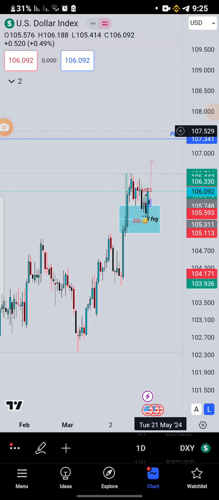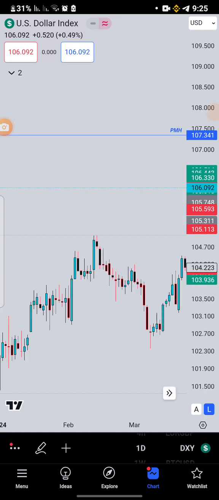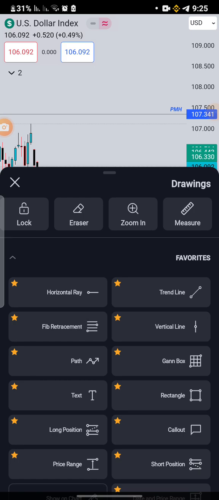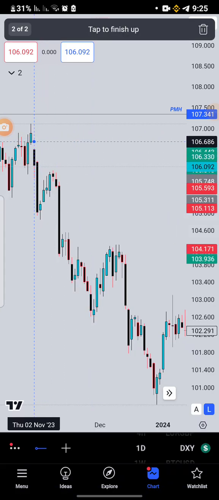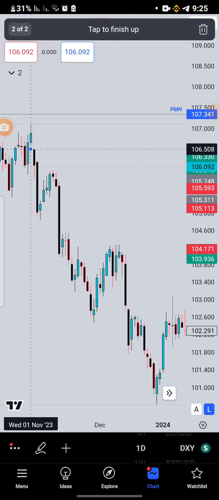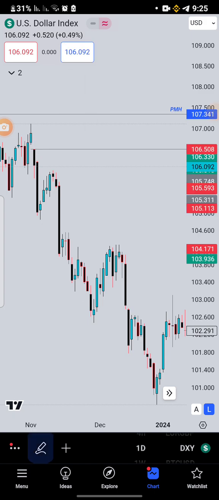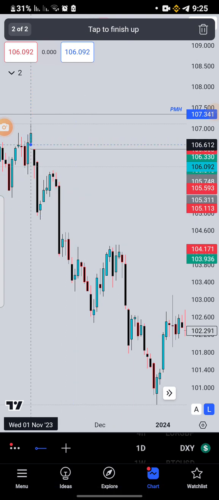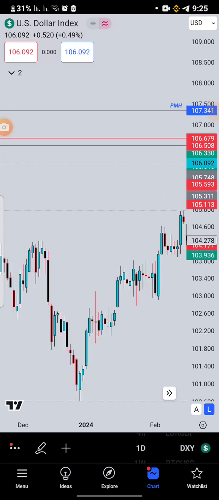We want to see the market gravitate to this buy side liquidity, but also I want to look for a low hanging fruit, which is this volume imbalance. To those who don't know, a volume imbalance is when we have a gap like this. So from the open of this candle to the open also of this other candle, that's the volume imbalance I'm referring to. So this will be my first low hanging fruit.